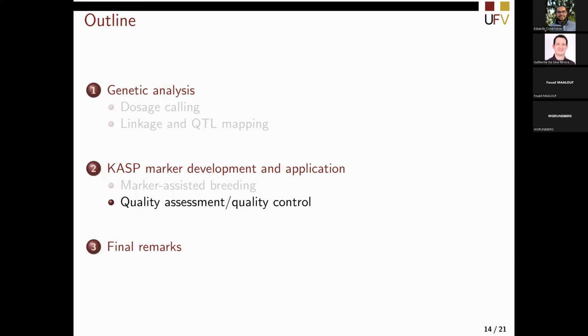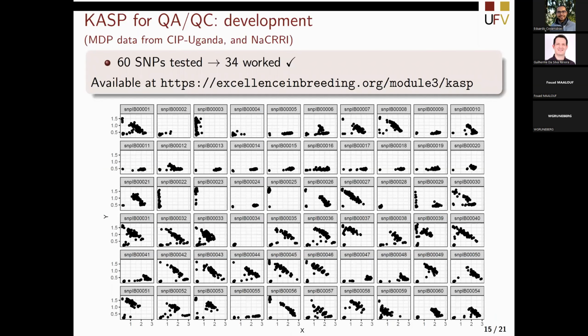All right. Something else we also tried to develop was KASP markers for quality assessment, quality control. This was actually the way we started, right? We had these from Dorcas, actually, right? She had designed some of these SNPs. So we tested first 30, and then we developed other 30 SNPs.